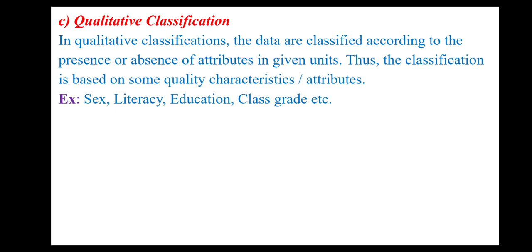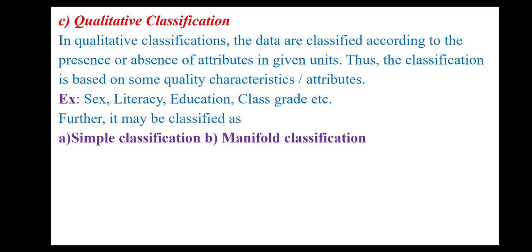Qualitative classification. In qualitative classification, data are classified according to the presence or absence of attributes in given units. Thus, the classification is based on quality characteristics or attributes, such as sex, literacy, education, class grade, etc. Here there are two types: simple classification and manifold classification.